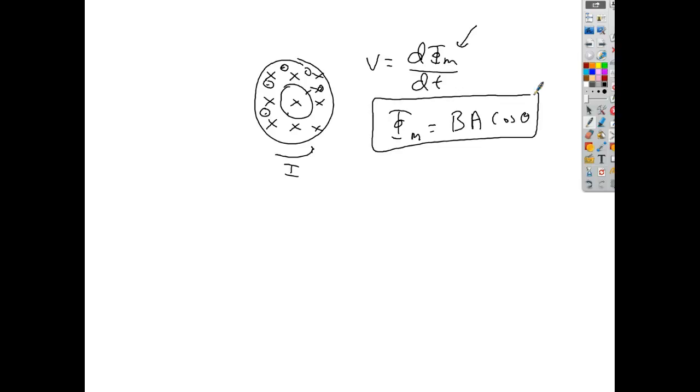So if you want to make voltage, you simply have to vary one of these with respect to time. So there are three ways to make voltage. You can have A cosine theta dB/dt, change the magnetic field.